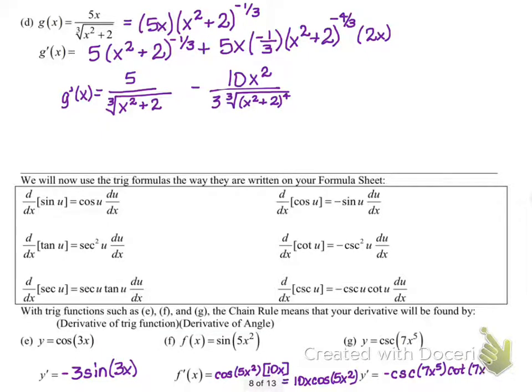But we need to take the derivative of the inner function, which would give us 35x to the fourth. And when we simplify that, we get negative 35x to the fourth, all times cosecant of 7x to the fifth, cotangent 7x to the fifth.